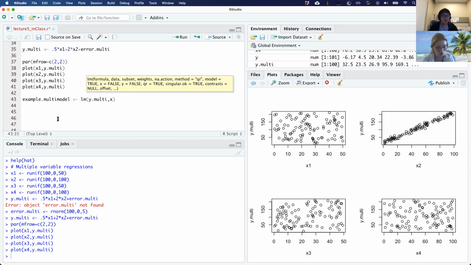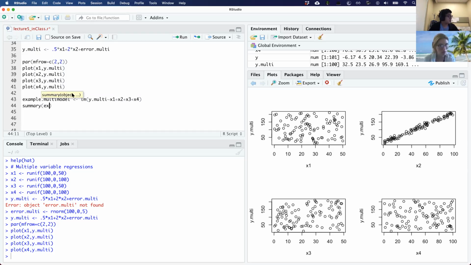And now what I'm going to do is compare my y against all of the x's: x1 plus x2 plus x3 plus x4. And let's see what happens.